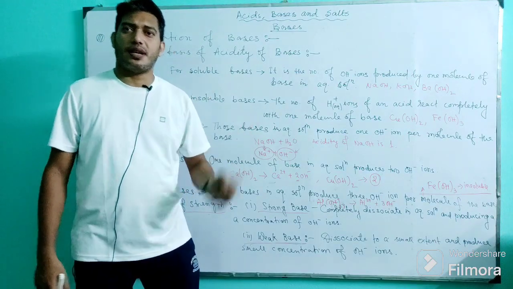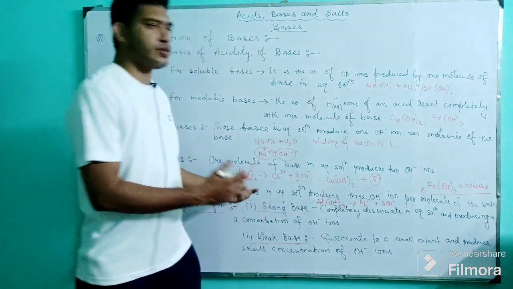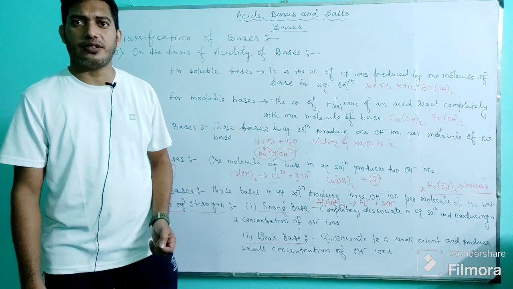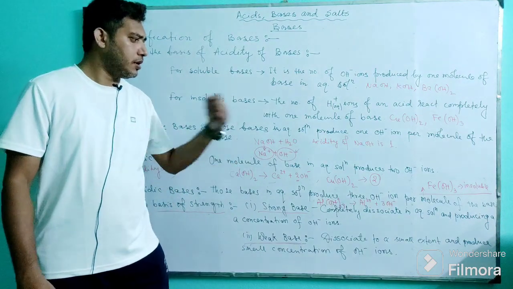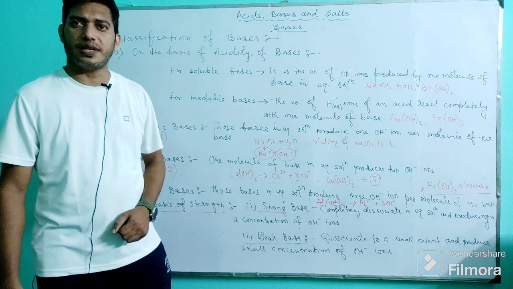So these bases are called weak bases, such as ammonium hydroxide and copper hydroxide.